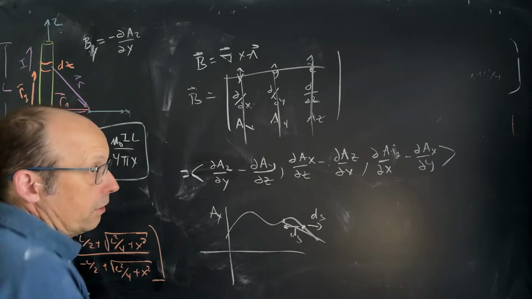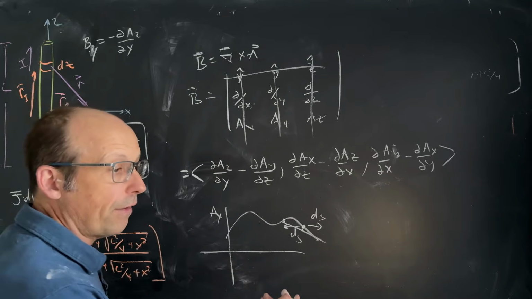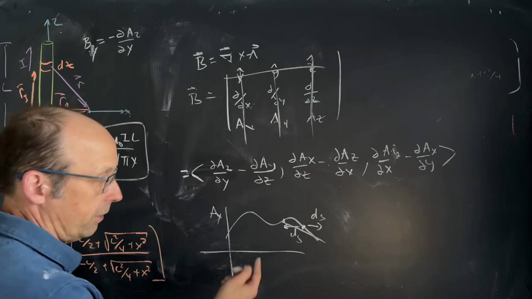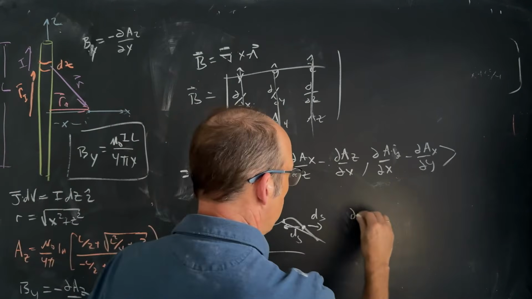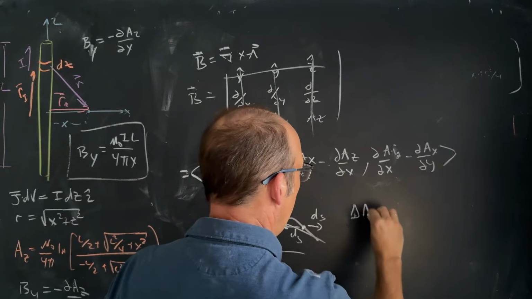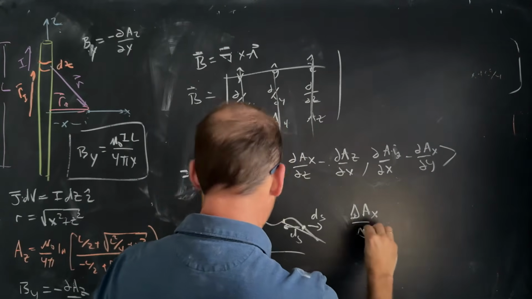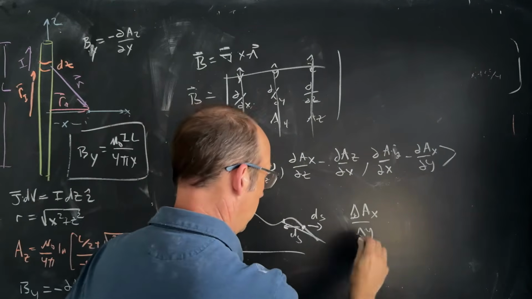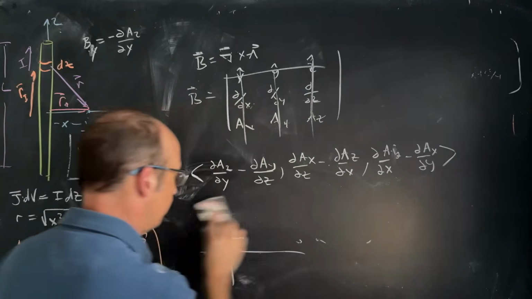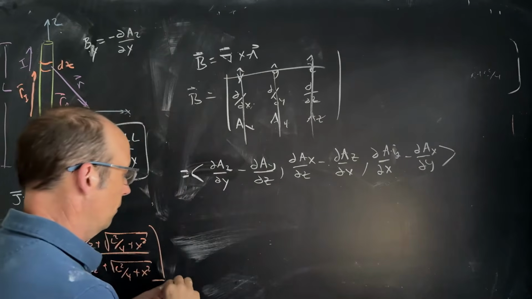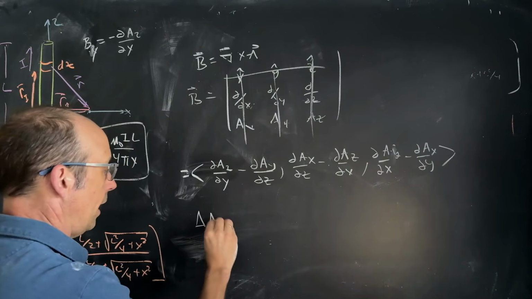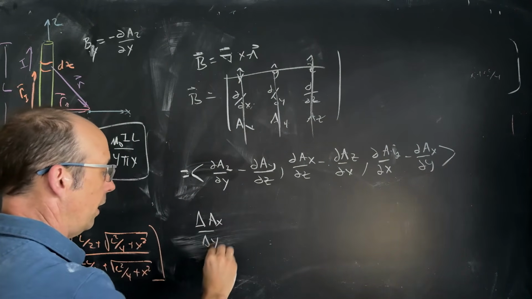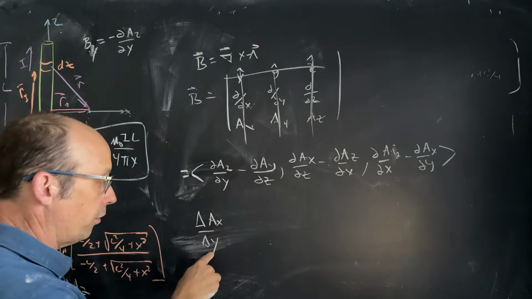So we're going to just use the normal definition of a derivative. I'm going to say delta ax, delta y. It means I'm changing the x value with respect to y.